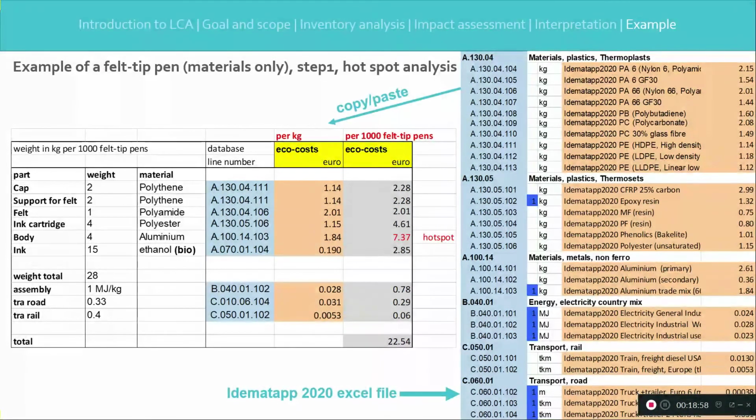Multiply the weight of the second column by the eco-cost per kilogram of the fifth column and give the result in the sixth column. Calculate the sum of the sixth column, which is the total eco-cost score of the calculation. What we see here is that the hotspot is the aluminium body of 4 kilograms per 1000 felt tip pens, for the case that the end-of-life scenario has not been decided yet.